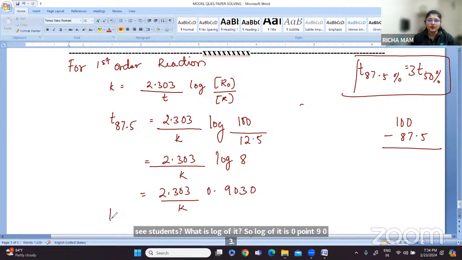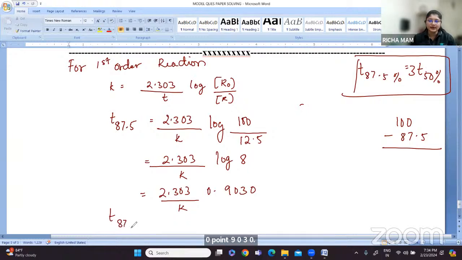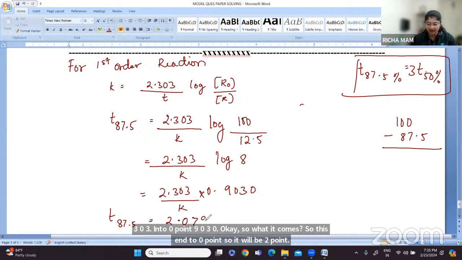So log of 8 is 0.9030. So t 87.5 is equal to 2.303 into 0.9030 by k, which comes to 2.079 by k.